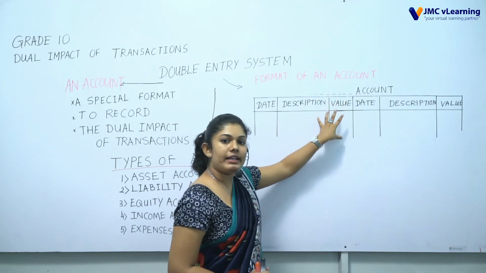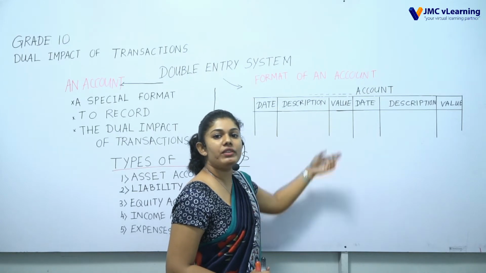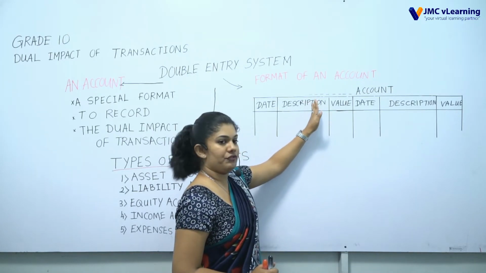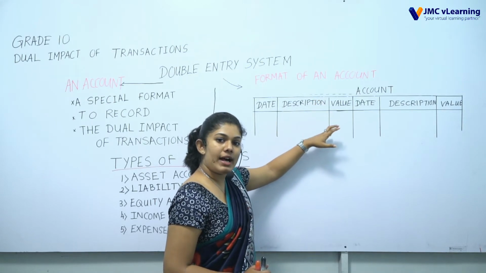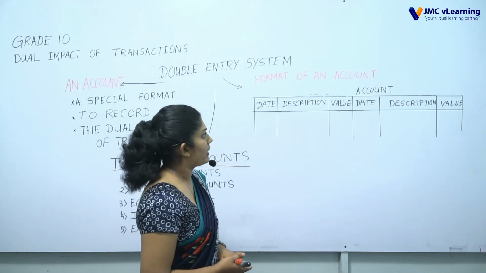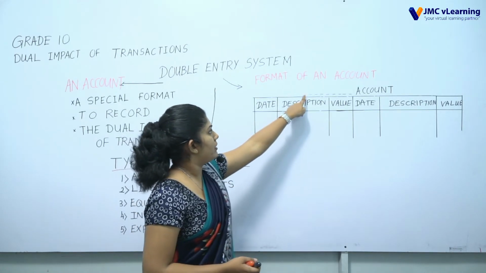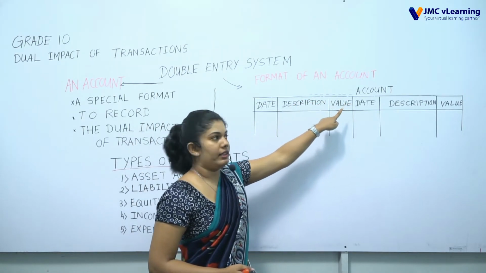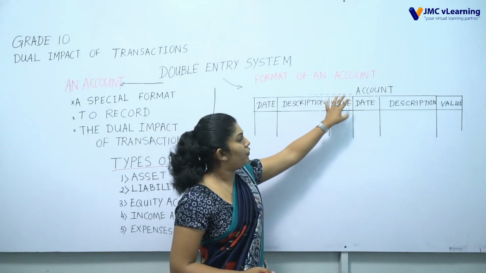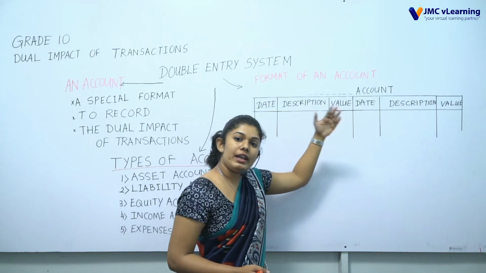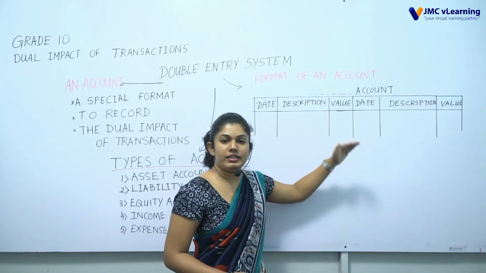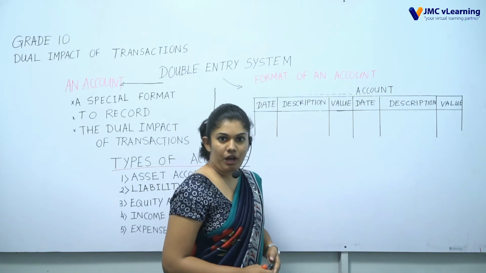The blank is for the name of the account: what the account is and what transactions this account records, for example, building account. It is for the identification of this account, to identify the title and the purpose of the account.